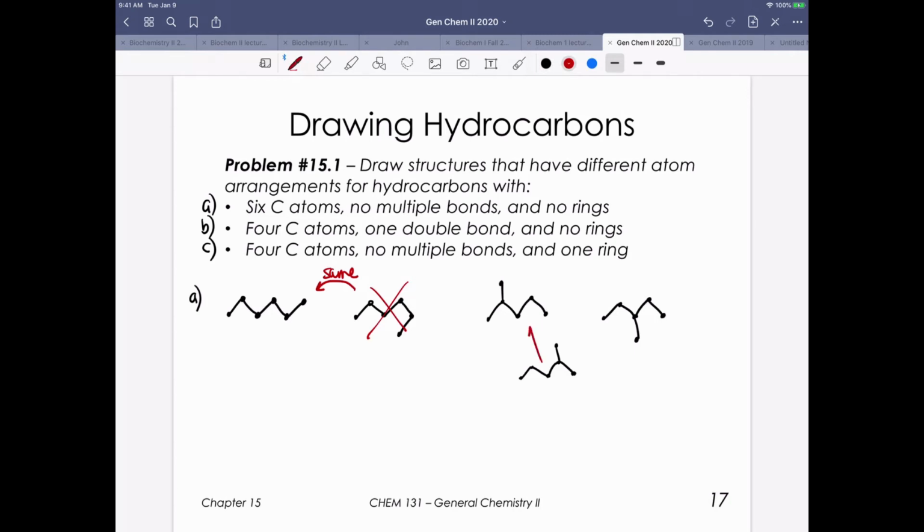Do you guys see that this guy is the same as this one? One of the things we need to be able to do is kind of mentally rotate things in space. If I rotate this guy 180 degrees, I get that same guy. So that's not a new species. That's the same. So I've kind of exhausted my 5 carbon chains.